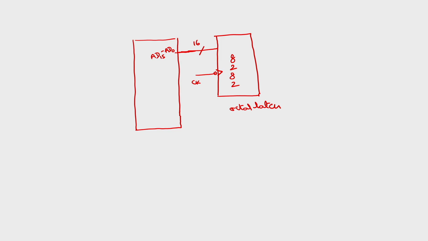Similarly, if I use one more 8282, which has 8 latches, I will use 4 lines, which are A19/S6 to A16/S3. So in total there are 20 lines, meaning you need 20 D flip flops. Each 8282 has 8 D flip flops.